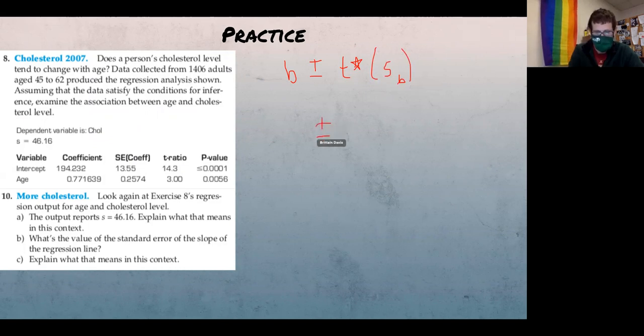I'm just going to put the plus or minus right here. Fill in these values based on the data that you see here and come up with what the appropriate numbers to be filled in will be. Now, does it give us a confidence level? It doesn't. So let's say that we're going with a 95% confidence level. So see if you can fill in all of that.